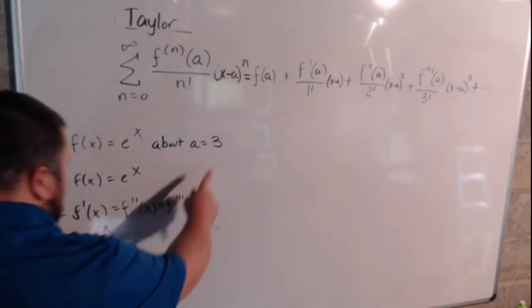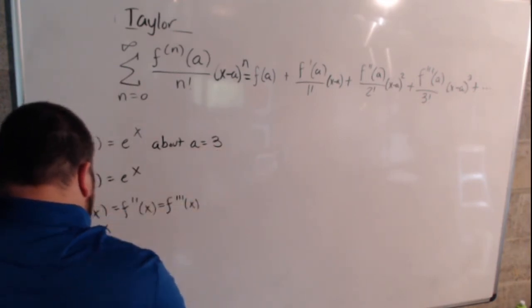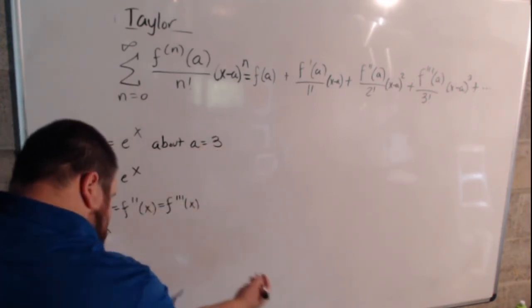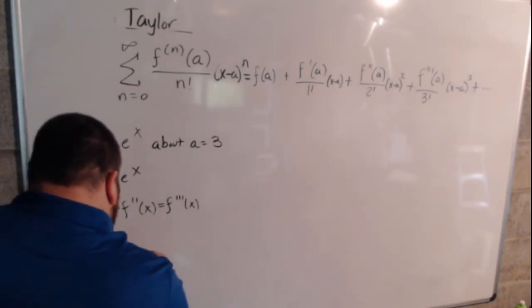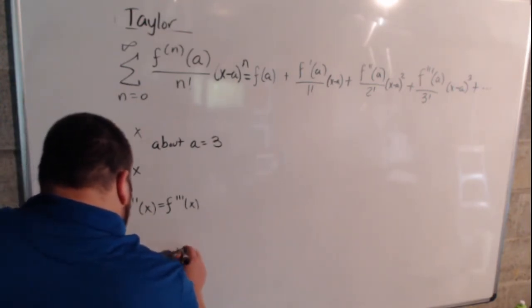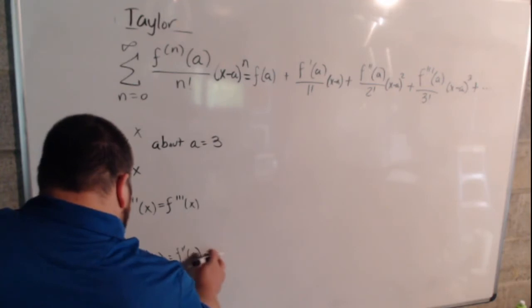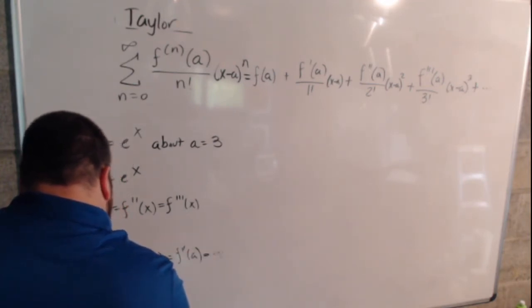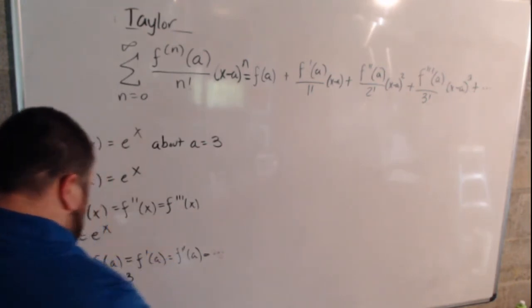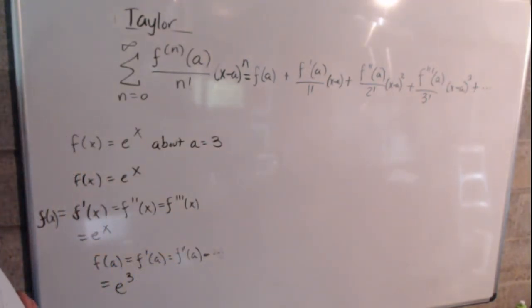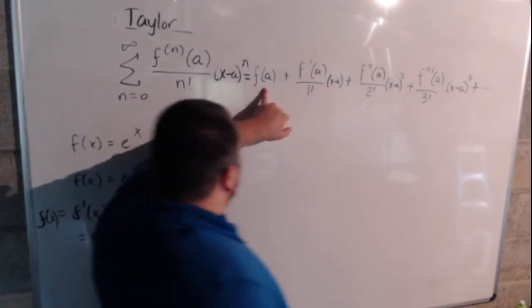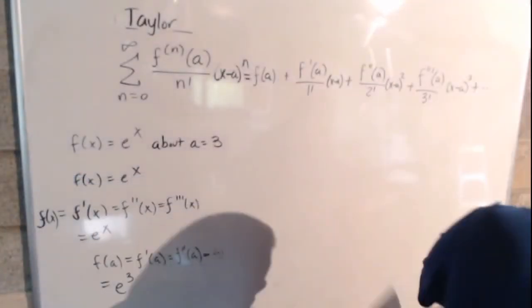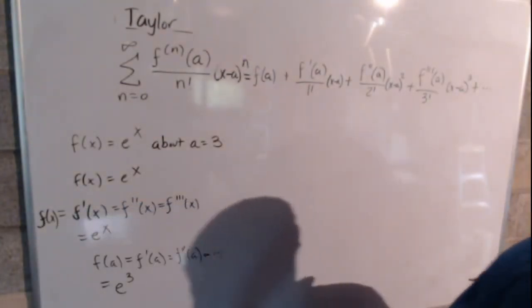And then if I plug a equal 3 in there, f of a equals f prime equals f double prime, and so on, equals e to the 3. So basically in this problem, everywhere we see f of a, f prime, f double prime, and so on, we'll be plugging in e cubed.